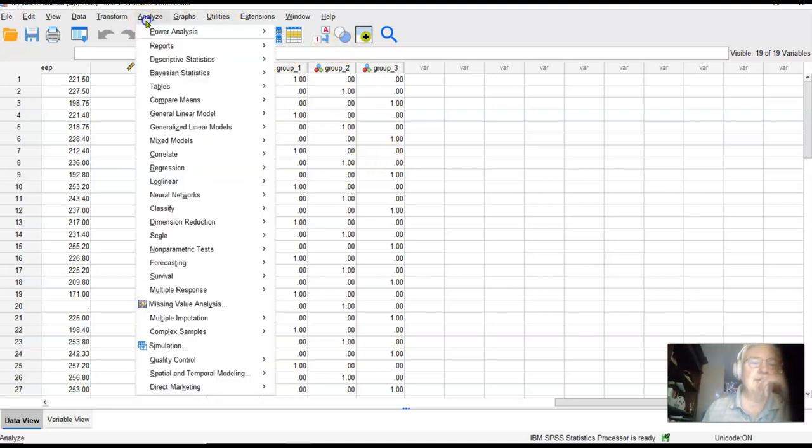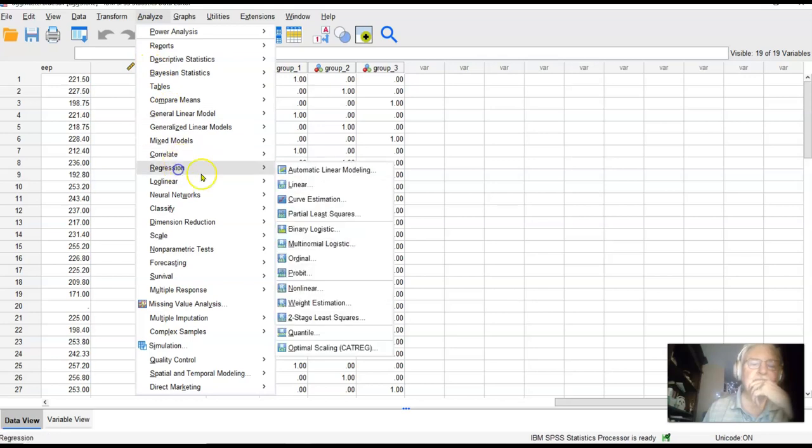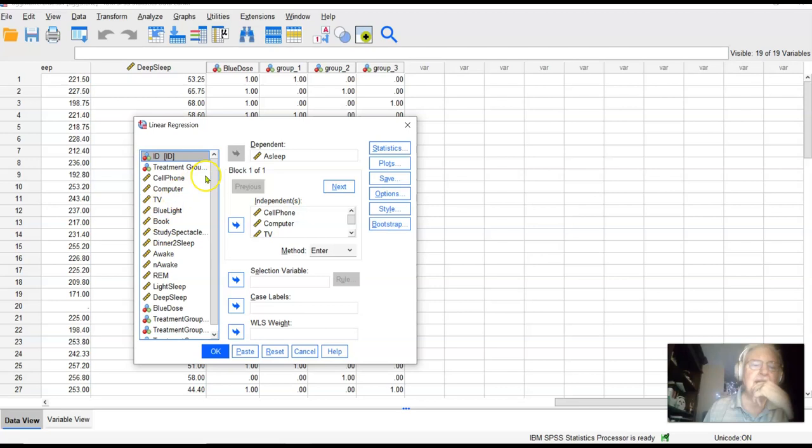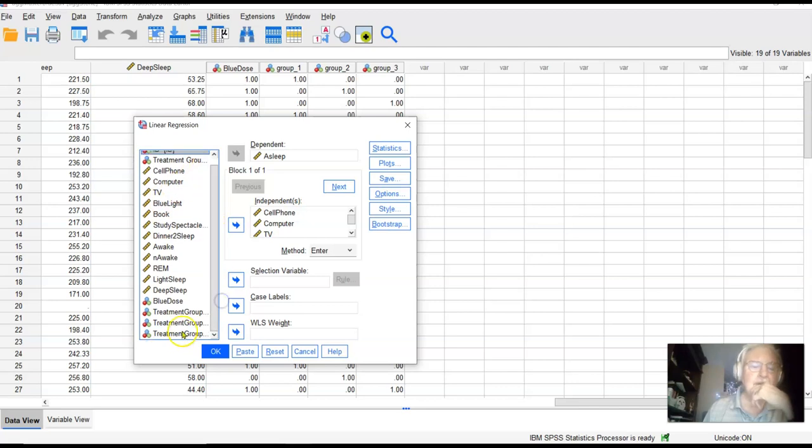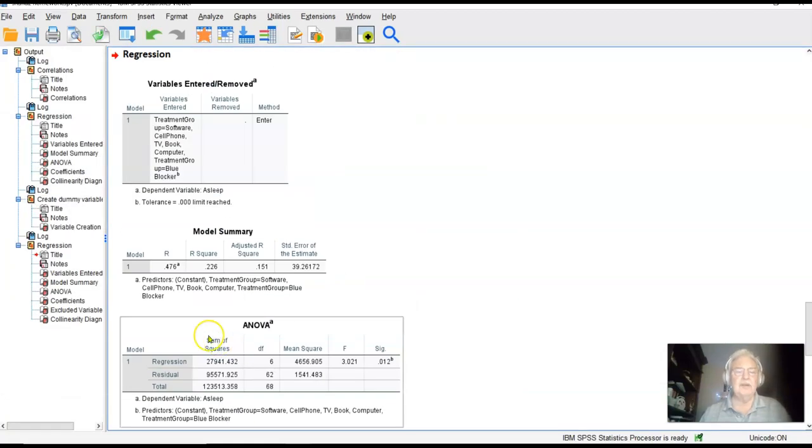Now let's run our regression again, and let's add in those 3 variables. Then we run it.